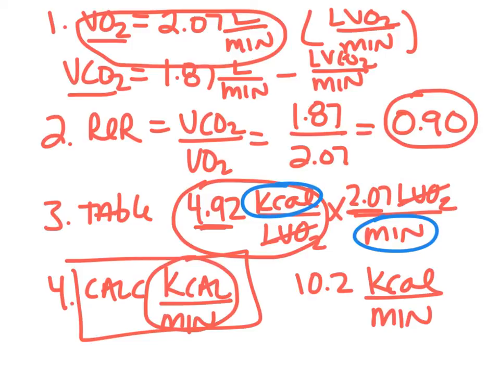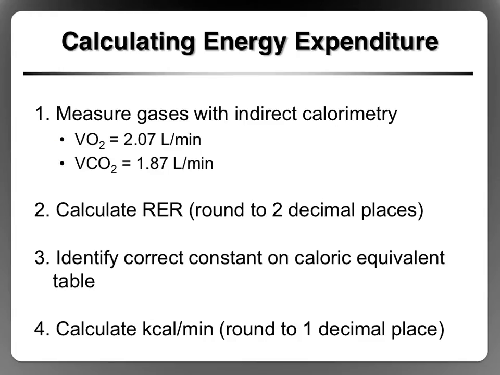Okay? And we got that number from indirect calorimetry. Okay. So we measured gases with indirect calorimetry. We calculated RER. We used RER to determine the caloric equivalent, and then we calculated calories per minute.